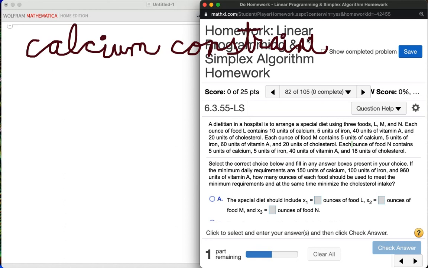If we're looking at just the calcium constraint, each ounce of food L contains 10 units of calcium, and each ounce of food M contains 5 units of calcium.